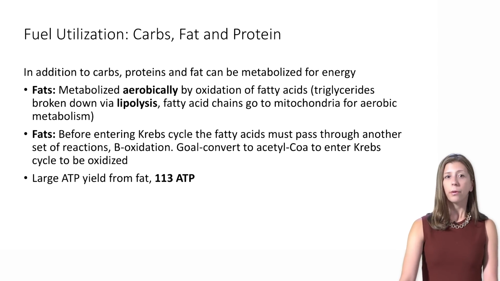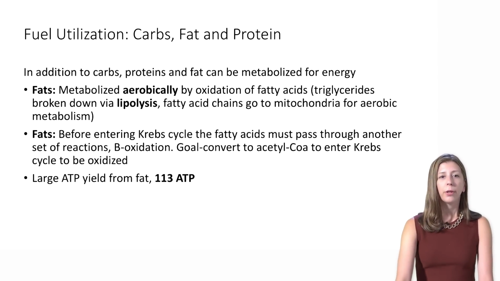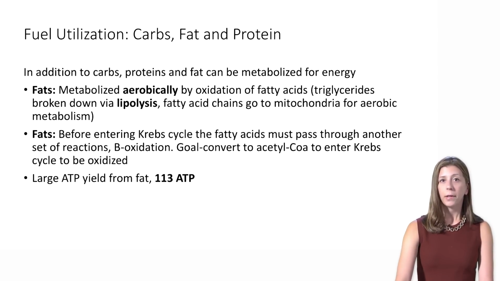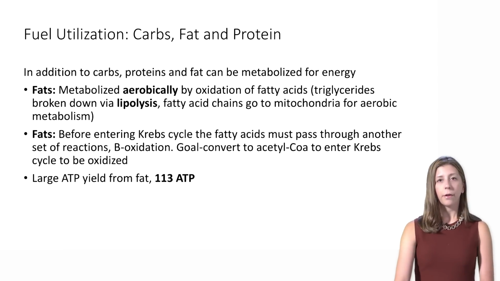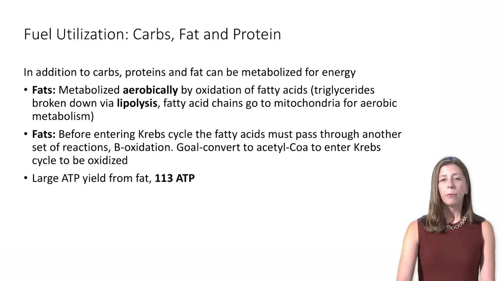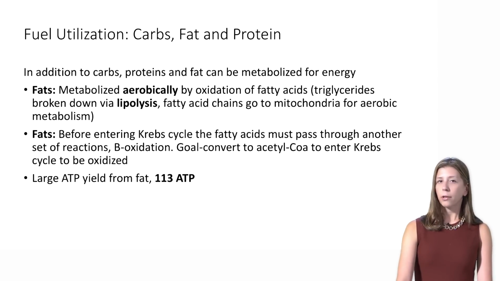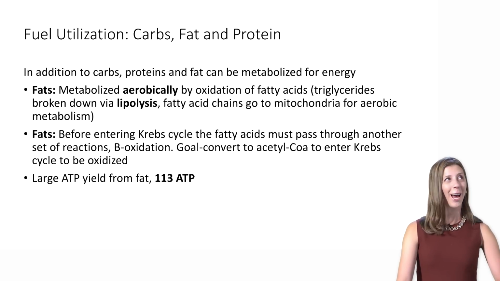Triglycerides are the storage form of fat, and you have to break that down via a process known as lipolysis. What lipolysis does is basically detach those 3 fatty acids from the glycerol backbone, which is what a triglyceride is. And then we want to prep them to go into the mitochondria, because that's the powerhouse, like I like to say, of the cell for aerobic metabolism.